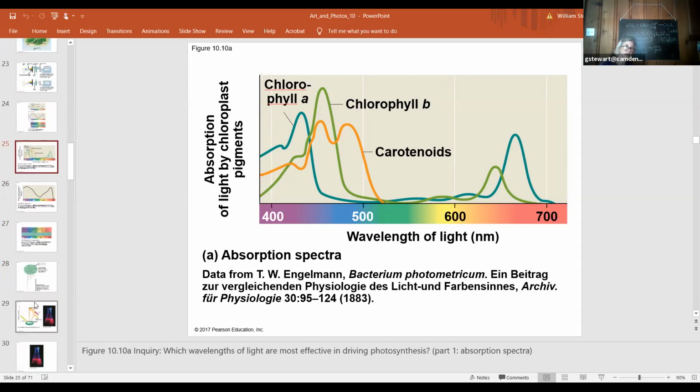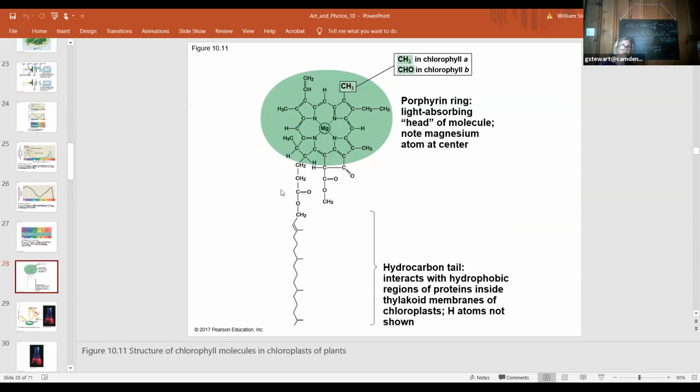All right, so now let's take a look actually at what chlorophyll itself looks like. Okay, so we have two forms of chlorophyll in plants, chlorophyll A and chlorophyll B, and they look just like this. This is their chemical structure. This part might look kind of familiar to you, right? It kind of looks like fatty acids, right? A hydrocarbon tail.